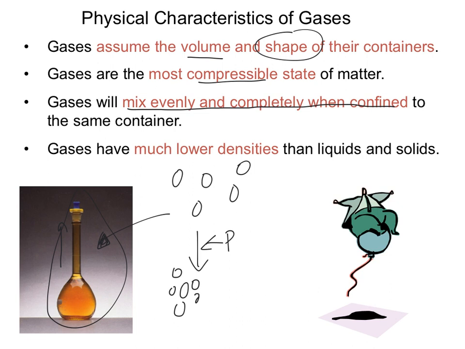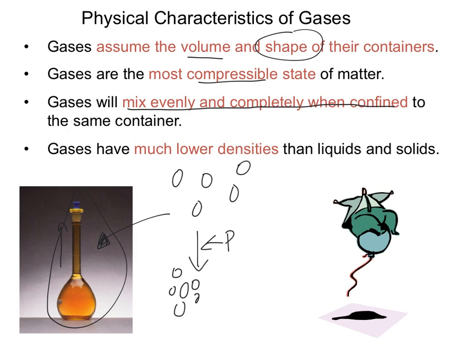So obviously we know that air is a mixture of nitrogen and oxygen and various other gases, but the fact that all of those gases mix evenly allows us to breathe the correct amount of oxygen in different parts of the room, or also makes it where you don't have a buildup of oxygen in one area, and let's say there was an open flame, you could have a big old flare up in terms of a fire that was going on. So the mixing evenly and completely allows for some very nice features to be taken on.